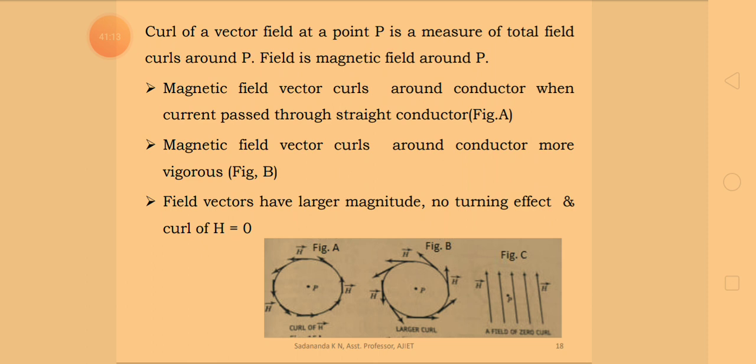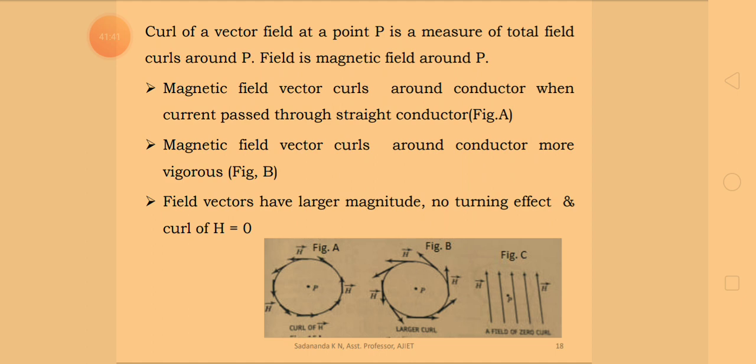So it gives information such that in figure A, that means in the first circle, the magnetic field vector curls around P, which is similar to electric field lines curling around the conductor when the current is passed through the straight conductor.